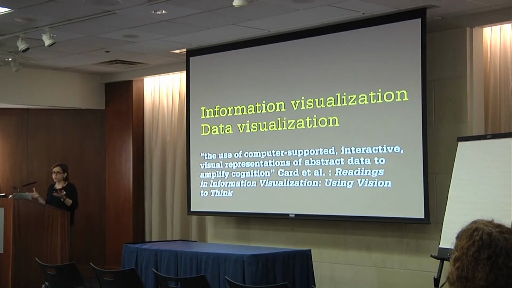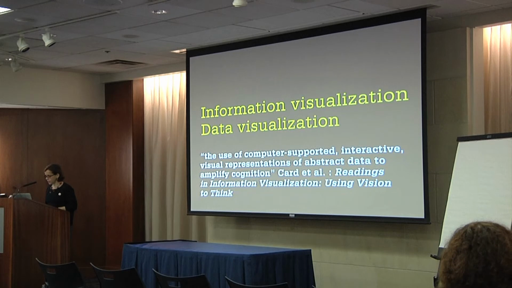And of course, we know that there are other disciplines working with visualizations throughout time, such as cartography and biology and many others, right? So I tend to prefer the term either information visualization or information design, because I like the idea of having the term information there.